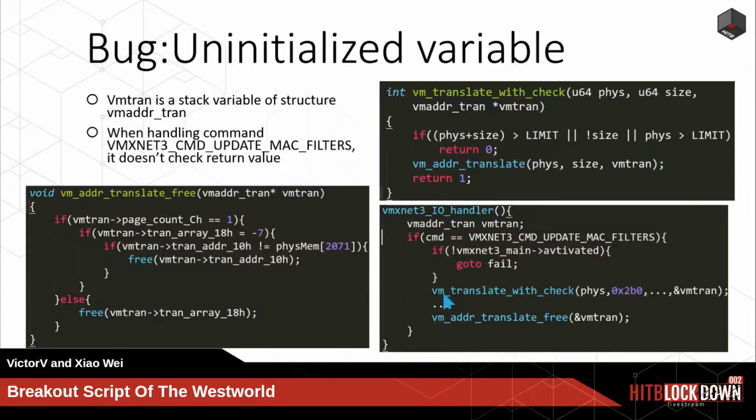And in the WMX3IO handler, it calls this function without checking the function's result, and then it will call a free function. In this free function we mentioned before, it may free a heap from a stack variable. So this leads to an uninitialized bug.